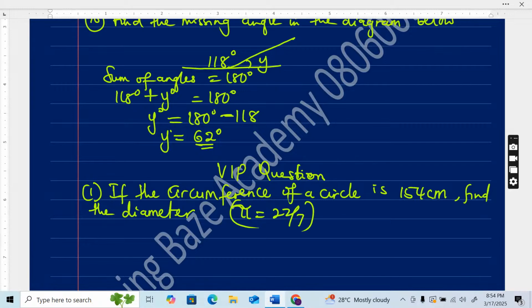When you have the circumference and you need to find the diameter, that will be circumference divided by pi. That is the formula.